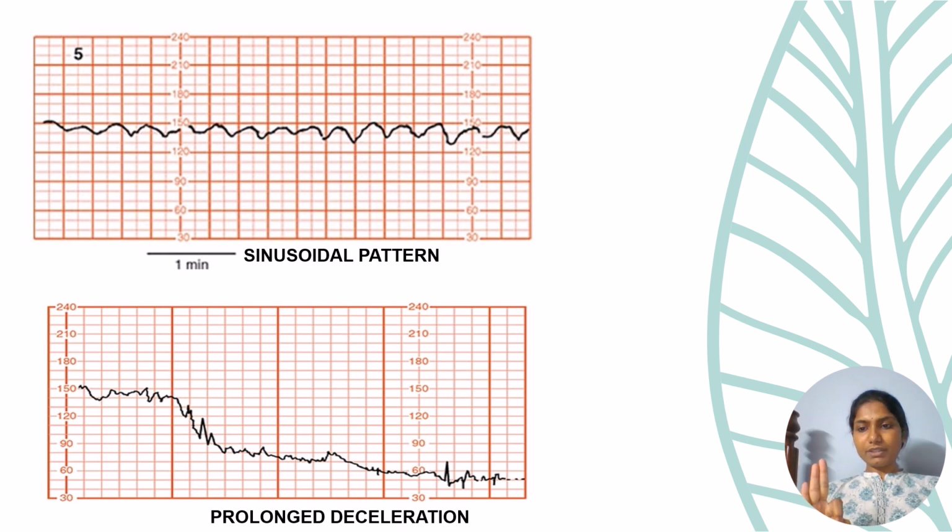The third important thing is cord prolapse. These three important acute events might cause prolonged deceleration, or sometimes it could be due to prolonged acute asphyxia which is happening. This might cause prolonged deceleration as in the second picture.